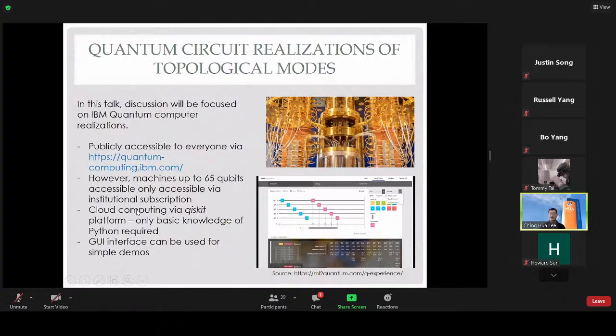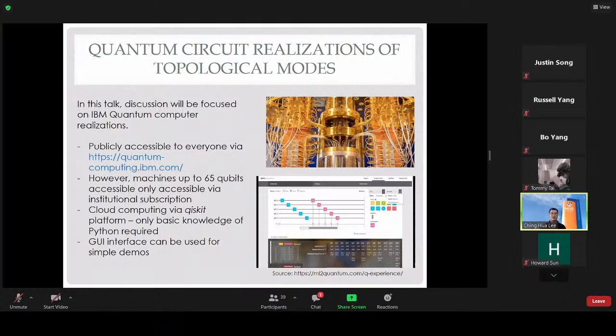It's also very user-friendly because it even has a GUI interface for beginners where you can just drag and drop different gates which represent different Pauli matrices, and you can create a quantum circuit just like that. The quantum circuit is basically a sequence of quantum gates, like a sequence of Pauli matrices.